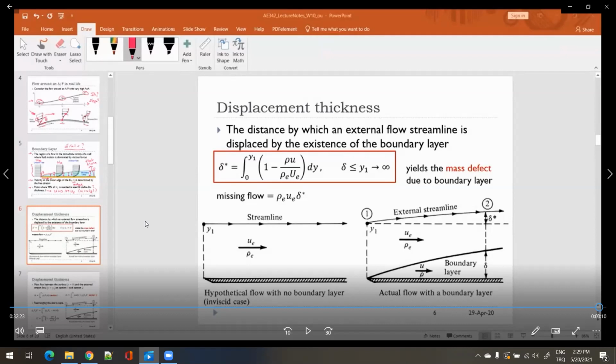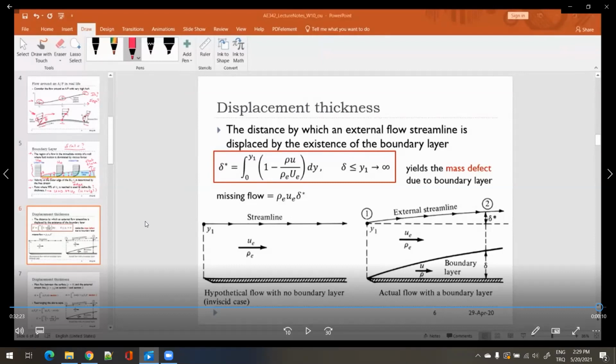And we will see that delta change along x is actually a function of the velocity profile inside the boundary layer. The velocity profile means the velocity variation along the y direction at each x location. That function is not easy to obtain, but we will see how delta is related to the velocity profile inside the boundary layer.